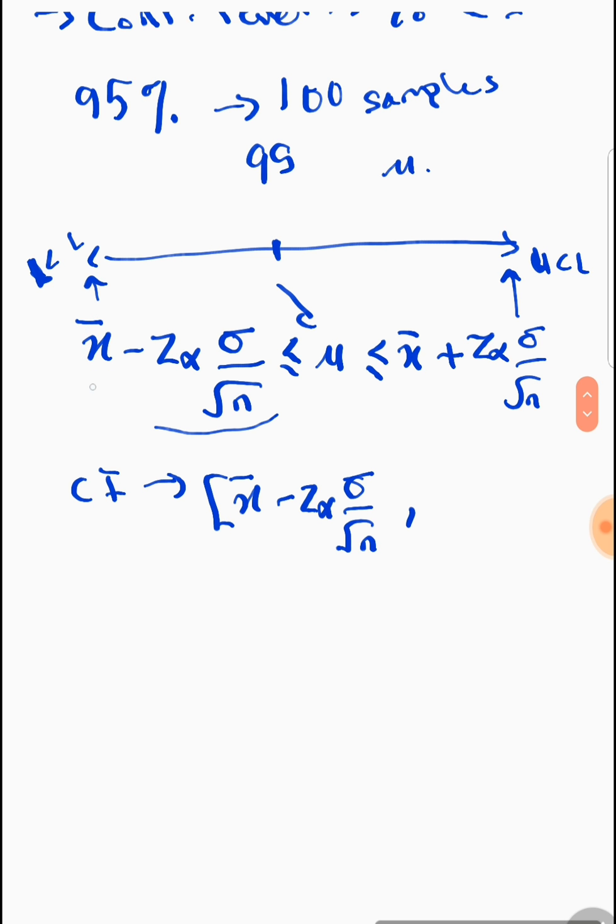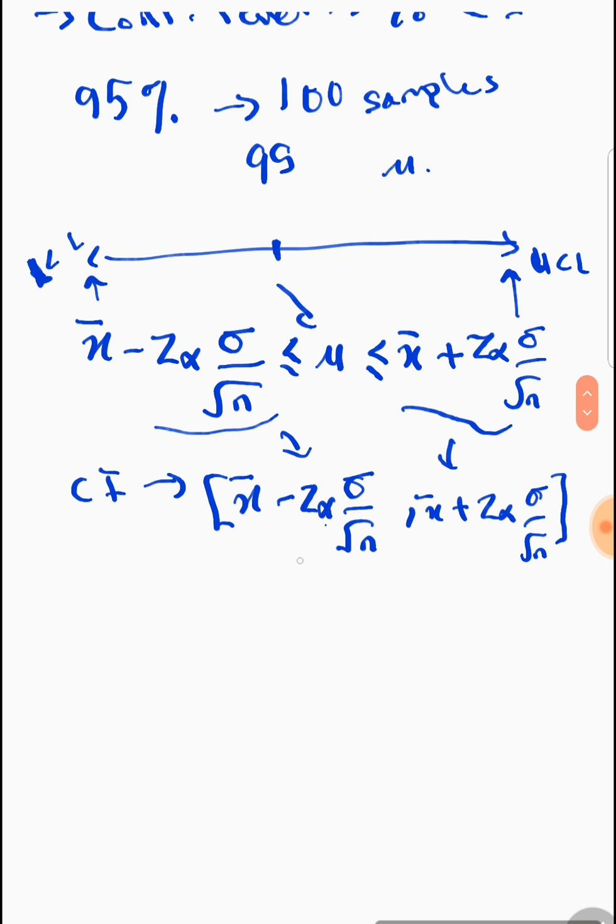This first term is here, and this term will be here, and it's x bar plus z alpha of sigma over square root of n and a close bracket. So that's how we generally indicate this. We're going to look at more, and as you can see, all these terms are pretty familiar to you. I'm going to show you what this alpha basically is later. You will see this later on in your significance testing in the next topic as well.